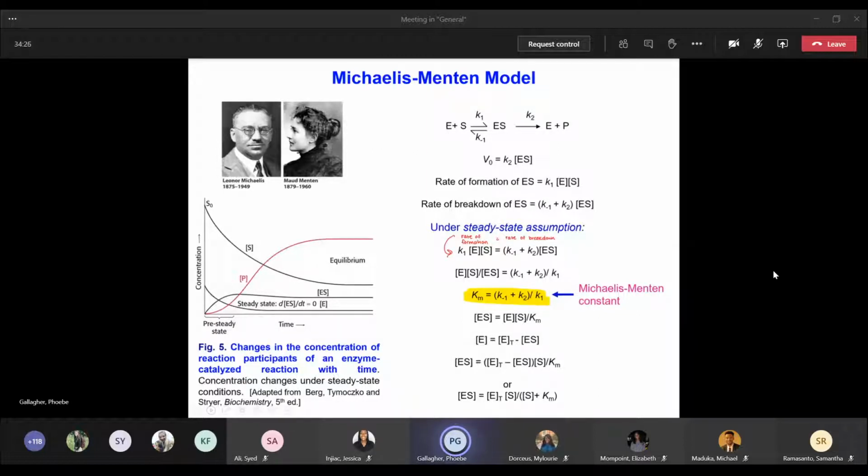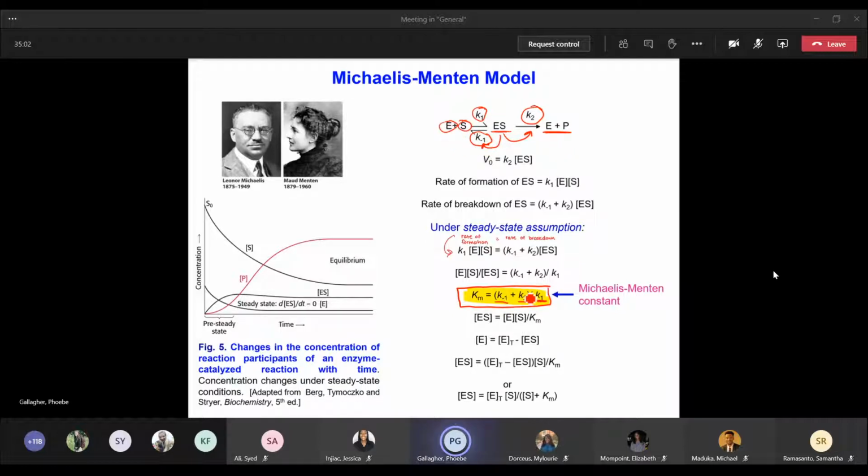So this is going to be your Michaelis-Menten constant. I would memorize this formula here, but pretty much what it's saying is that this is your constant associated with the formation of this enzyme substrate complex. So it's shown right here. And then these two are going to be associated with the dissociation of the complex. So either it becomes enzyme and product or it becomes enzyme and substrate again.